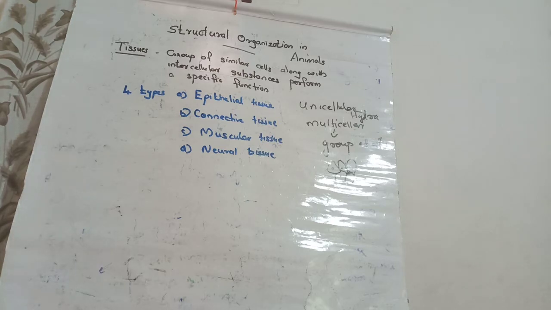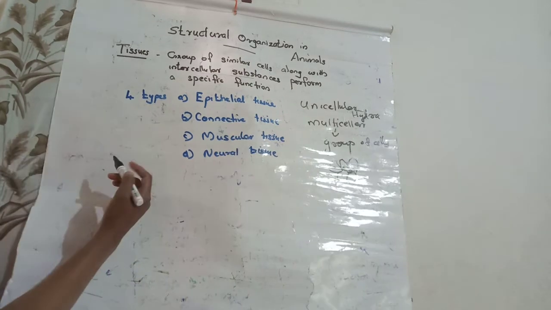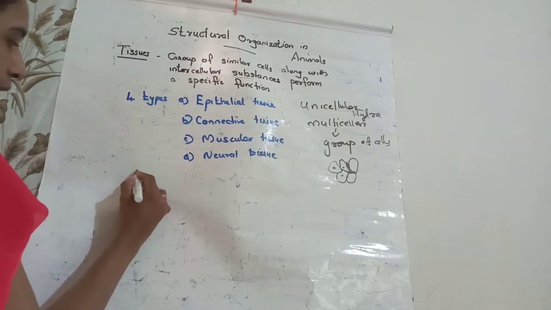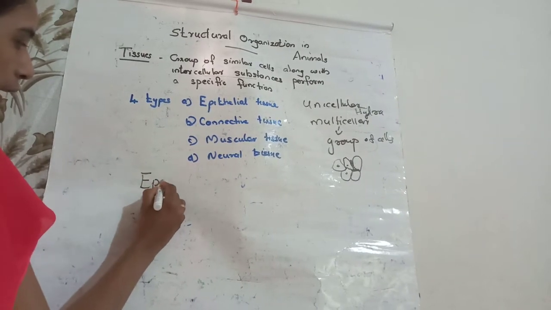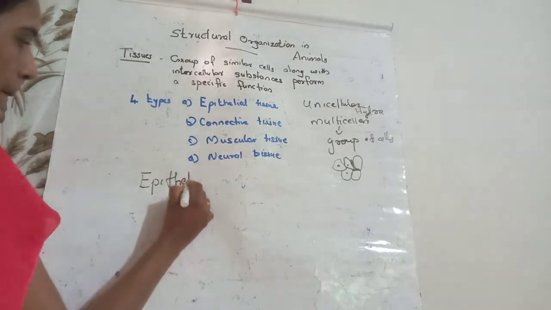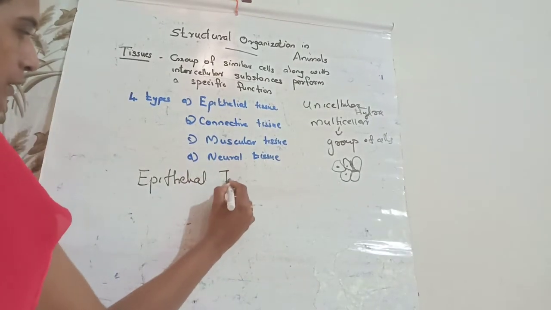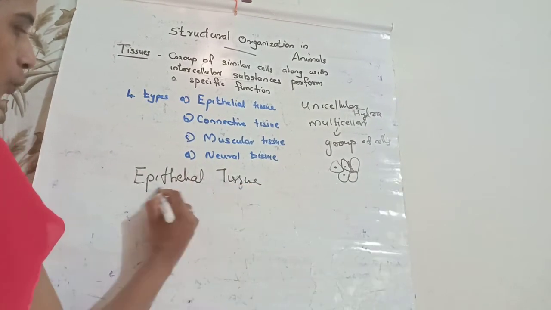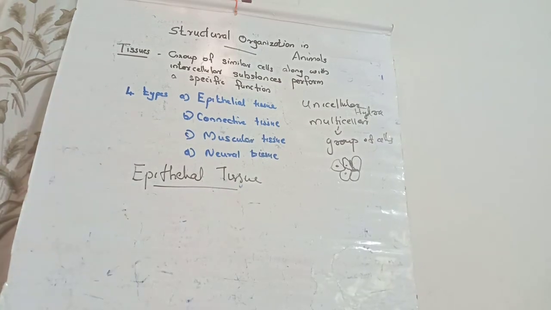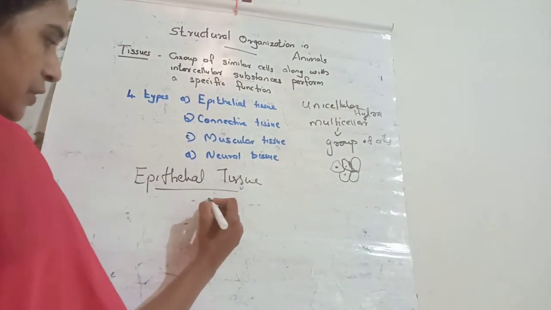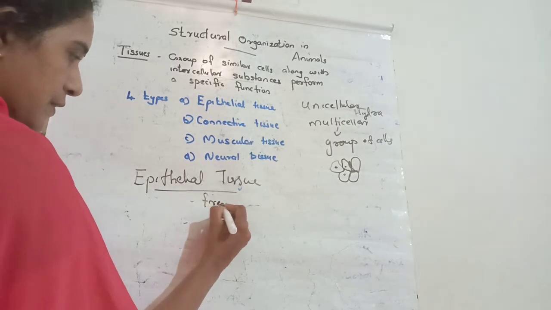First we have to discuss epithelial tissue. Have you heard about the term epithelium? Epithelial tissue has one feature: it has a free surface.